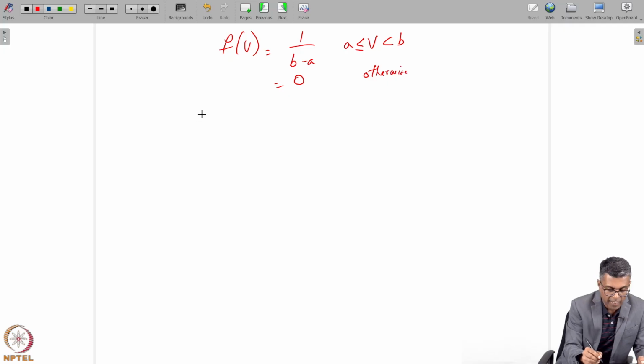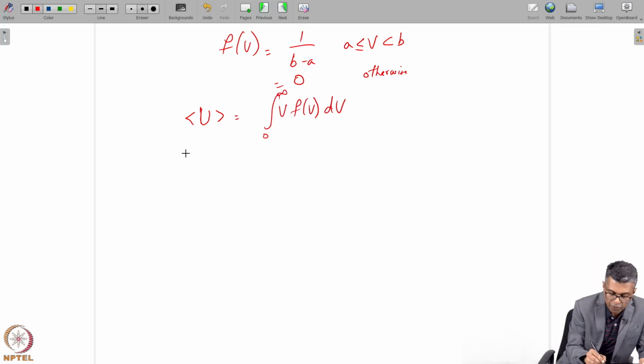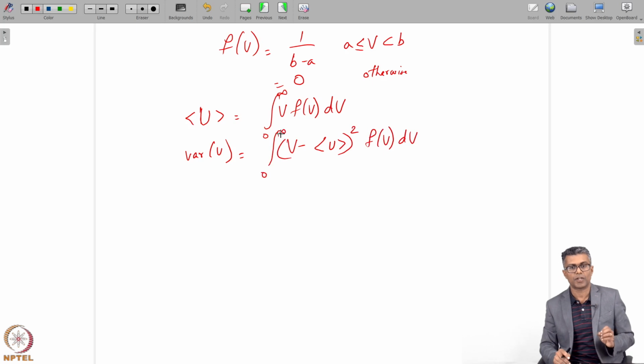Now, the mean is given by, this is how we represented the mean, integral 0 to infinity v f of v dv. This is how you calculate your mean. And the variance of u is the integral of v minus the mean of u, squared, times f of v dv, 0 to infinity. These are your definitions.